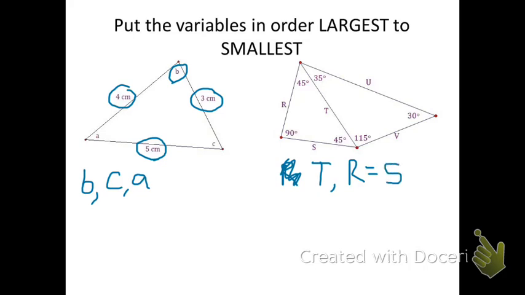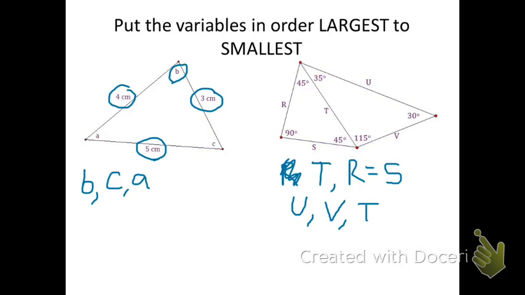The second thing that we know is in the obtuse triangle, angle U has to be the biggest, so side U has to be the biggest side because it's opposite the biggest angle. And then V has to be the second biggest side because it's opposite the second biggest angle. And then T is opposite the smallest angle, so it has to be the smallest side.